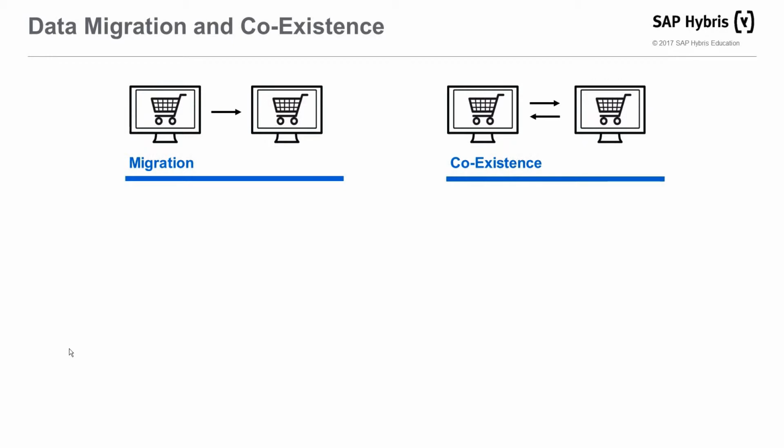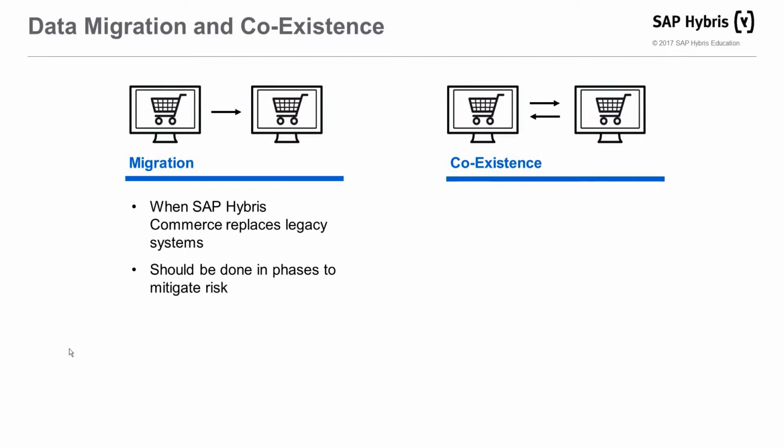The migration strategy is used when SAP Hybris Commerce replaces an existing e-commerce solution that will eventually be retired. In this case, it's best to import data into the Commerce Suite in phases, for example, region by region or product line by product line, depending on the project. The main tools used for migrations are Impex and the Data Hub.